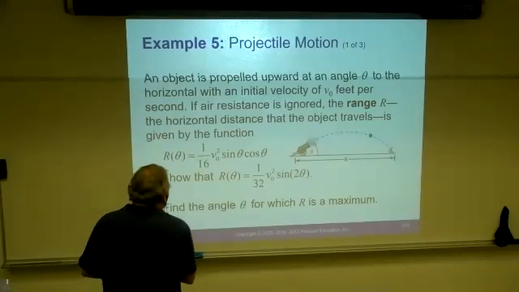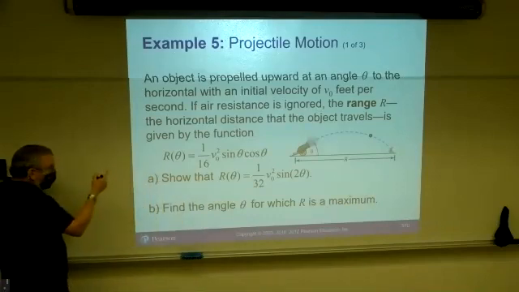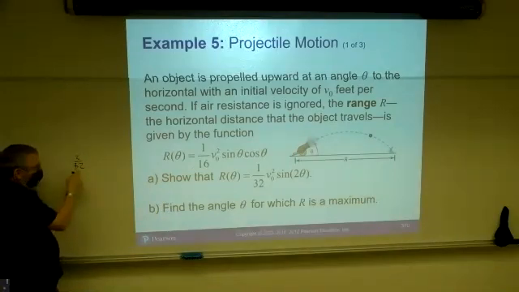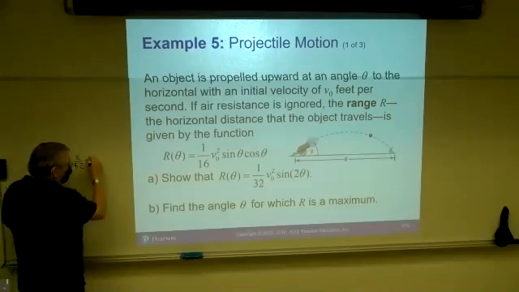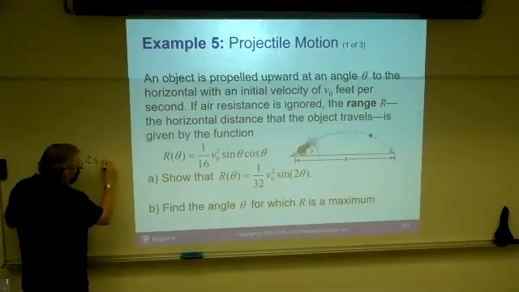Okay. So I'm going to do 2 times 2/32, which is the same as 1/16 times v sub naught squared, sine theta cosine theta.